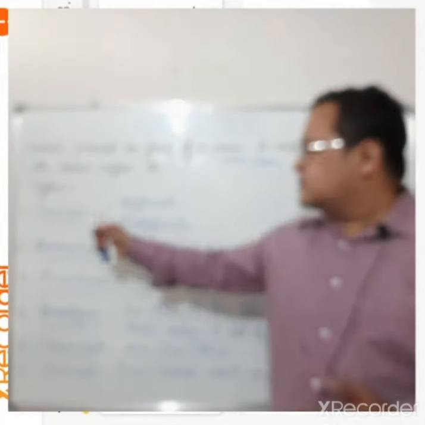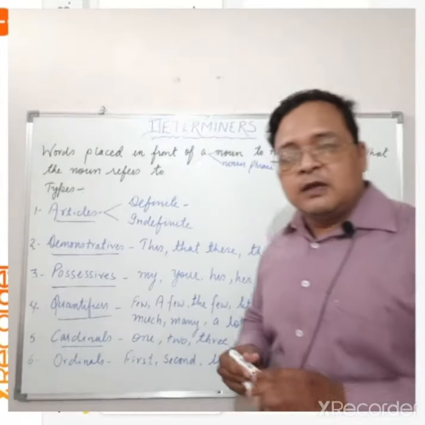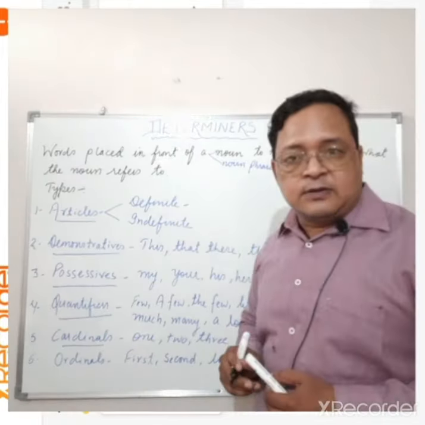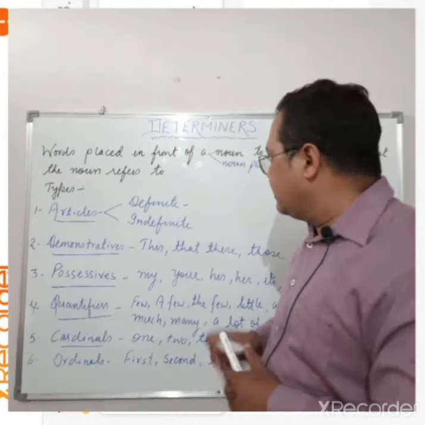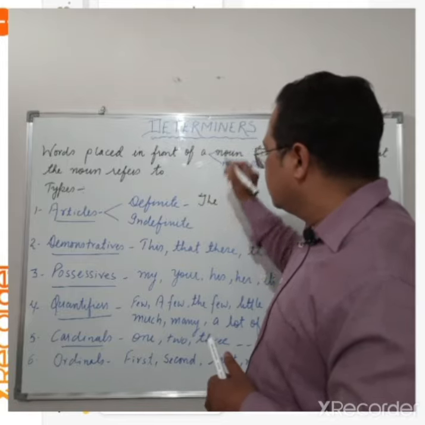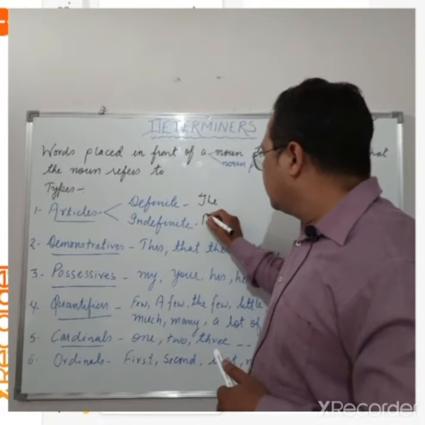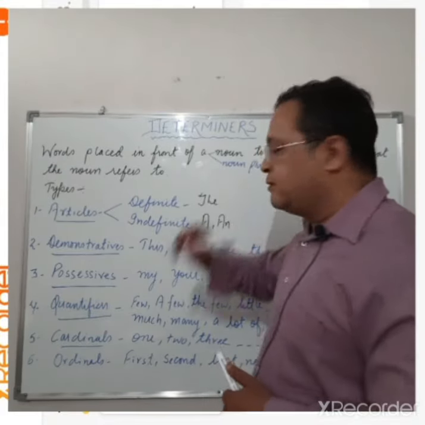So articles, you know very well. We can divide the articles into two types: definite and indefinite. Definite article is the, and indefinite articles are a and an.